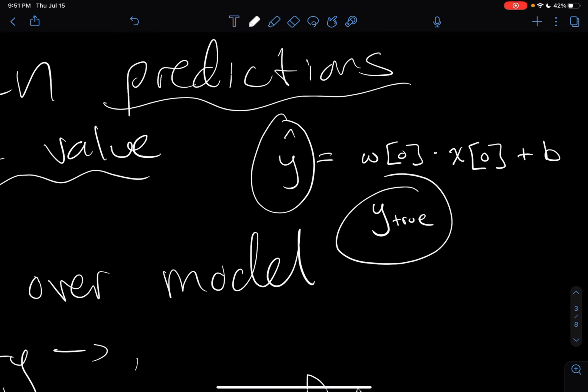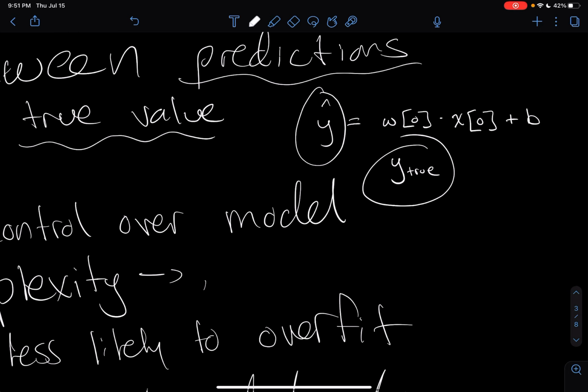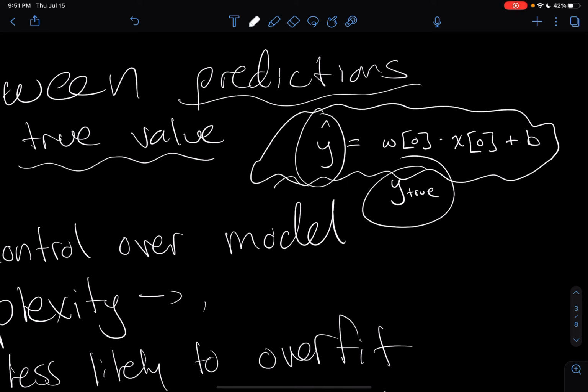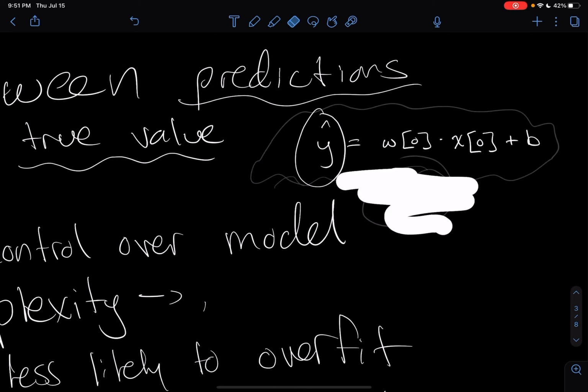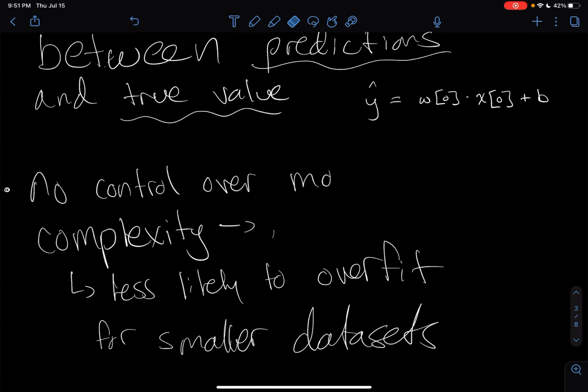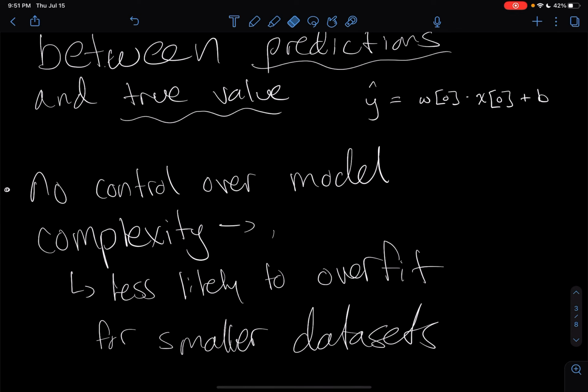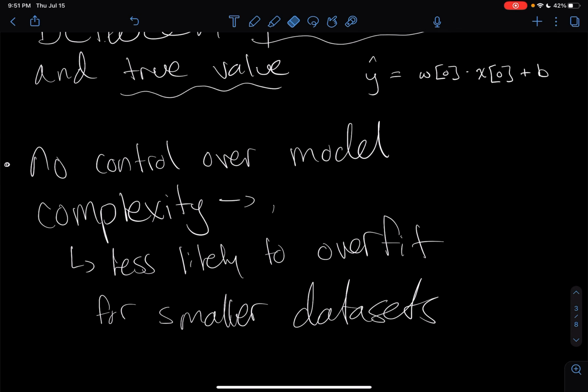But you can see this equation is very simple, and although we're trying to calculate this mean squared error, it doesn't have any presence inside this equation whatsoever, right? It has no control over the model. It just really tells us when to stop, when to kind of call it quits, and then take our model as something that we can take out into the world and make new predictions based off of. So that's why we say it doesn't have control over model complexity, because it's really just not a part of the model.